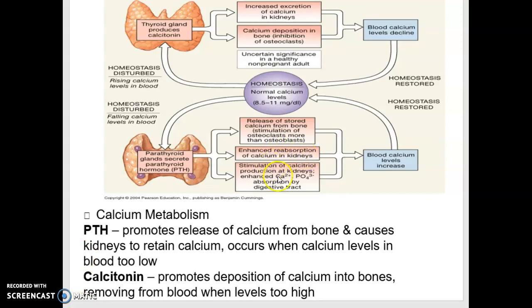And then also stimulate calcitriol. Let me correct that, the stimulation of the calcitriol causes us to reabsorb in the digestive tract, just like we reabsorbed here in the kidneys.